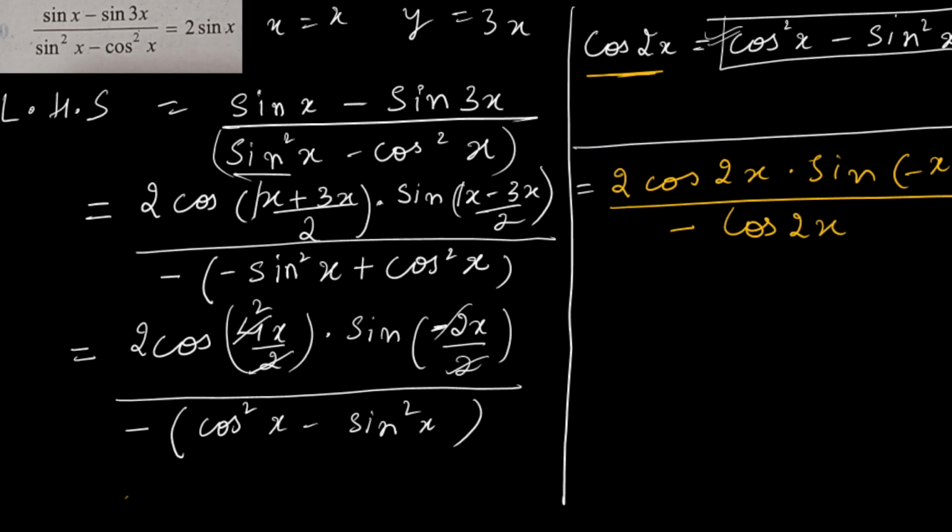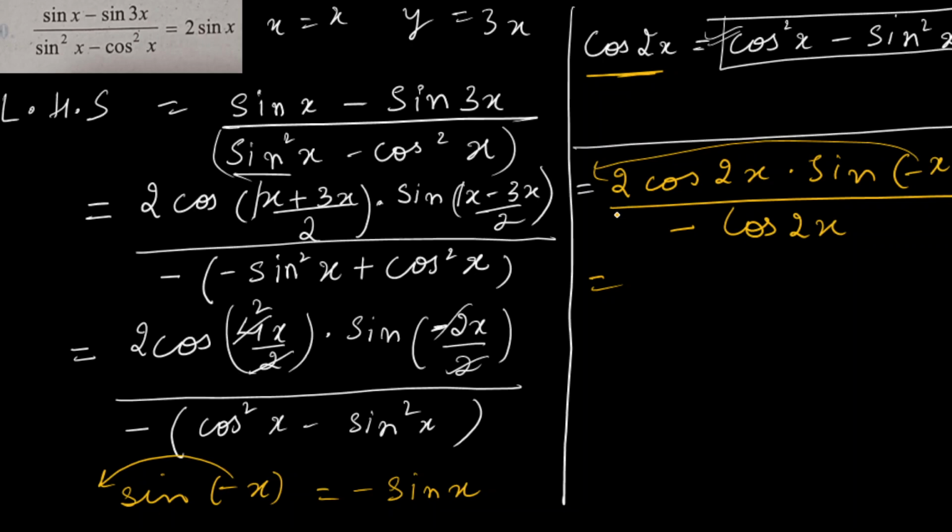Now we know this thing: if sine of minus x is there, this minus sign will come at the front. So this is equal to minus sine x, due to which this minus sign also I have to shift to the front because of this formula. So minus will come out. I am left with minus 2 cos 2x, see, cos 2x and cos 2x. We can cancel this, but let me cancel in the next step.